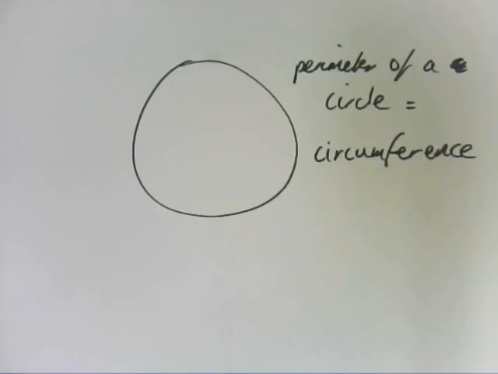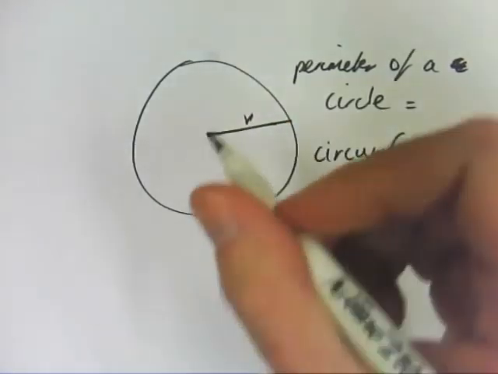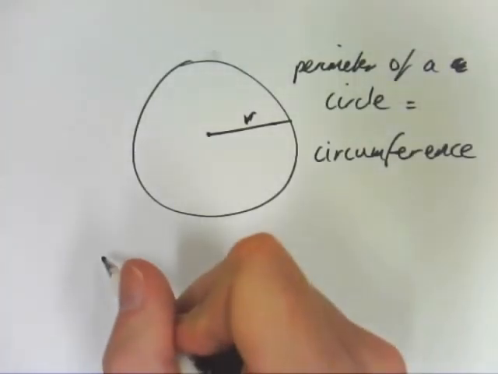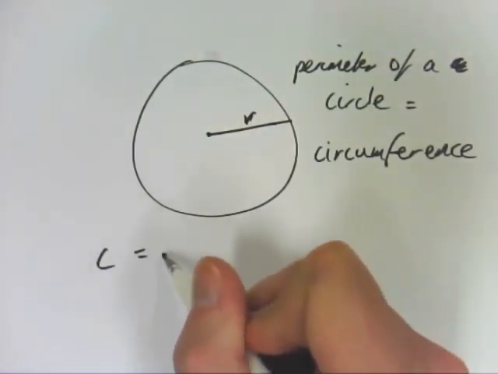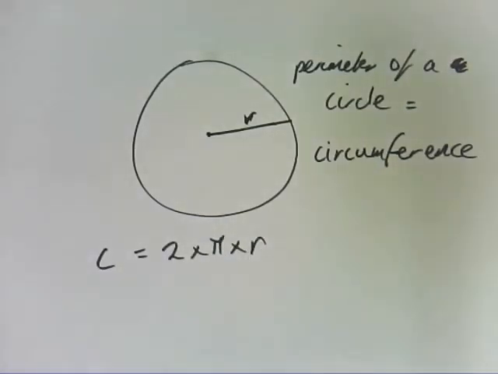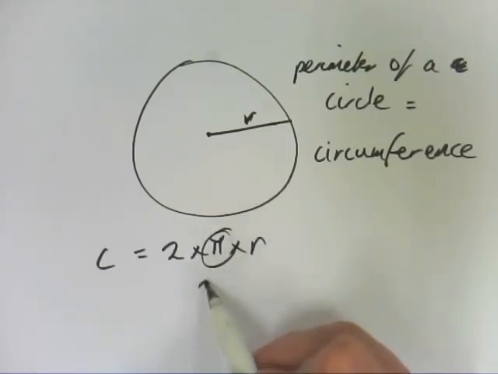Okay, for some reason they decided not to call it perimeter. Now that's found out with a fancy rule where you need to know the radius. Okay, the circumference, which is C, equals 2 times pi times the radius. Okay, now pi you can find on your calculator, but let's approximate it to 3.14 for now.